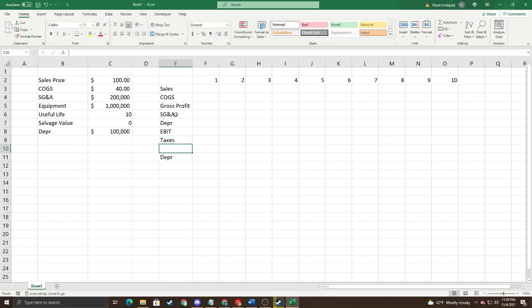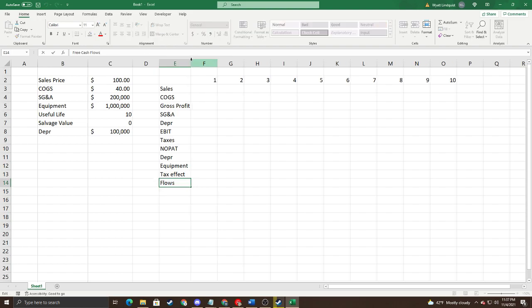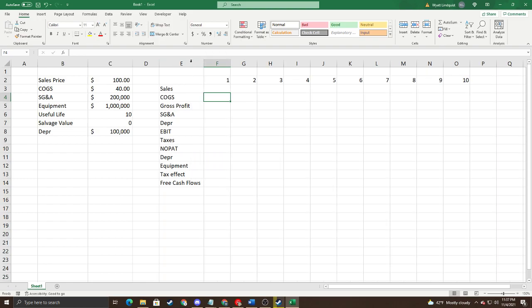And then we're going to get our NOPAT right there. And then depreciation add back, and then our equipment, and then tax effect. Okay, and then that'll be free cash flows. Sorry if that was a little quick, but I just wanted to get them all made up quick for us.